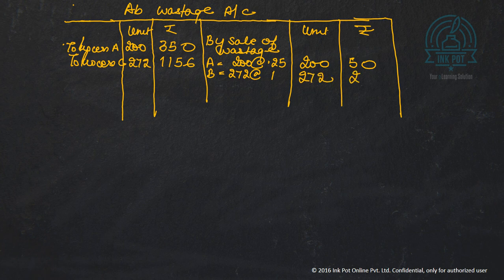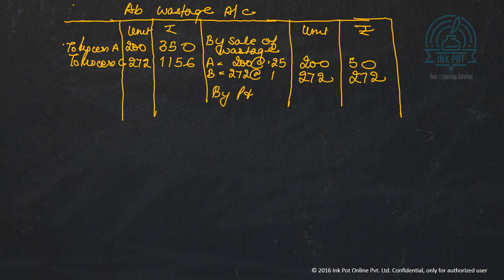Now the total here is 1506, and here we have 322. That means the difference is transferred to P&L account.